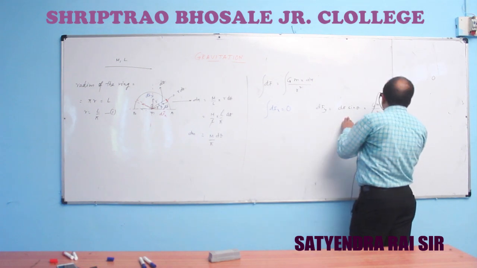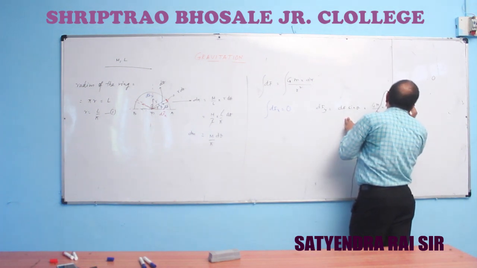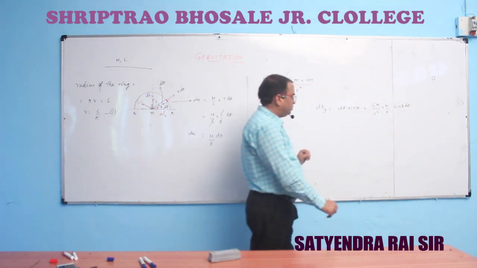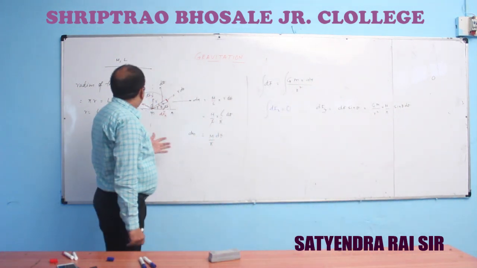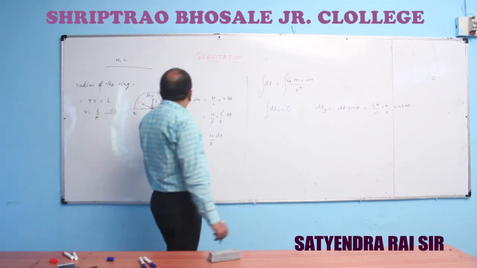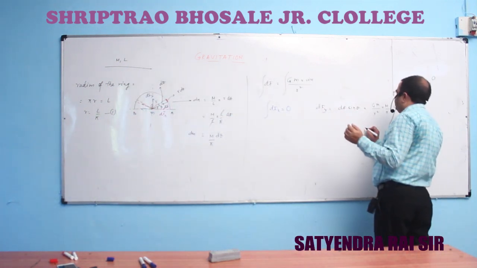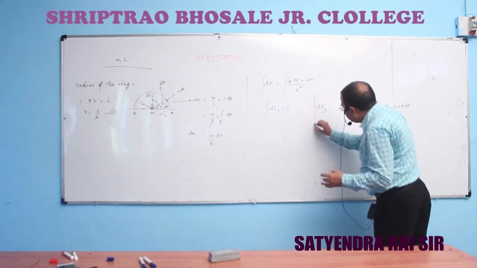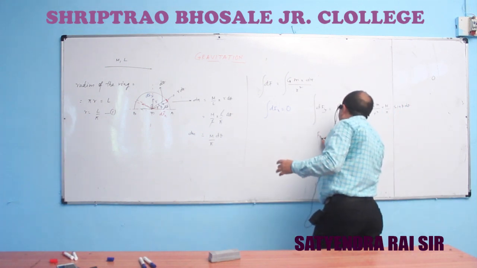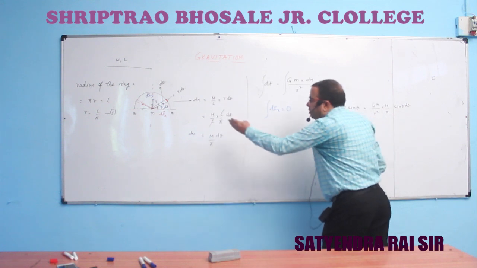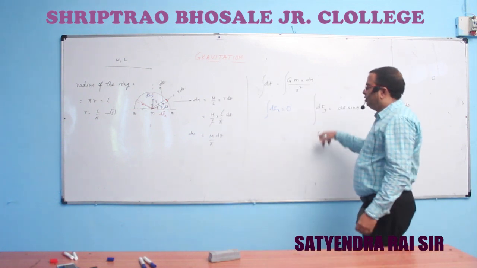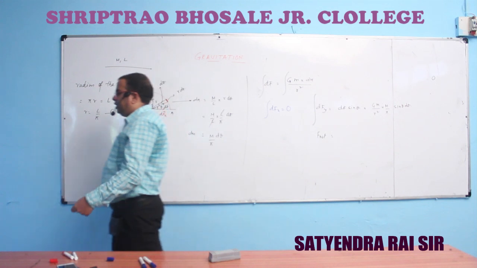So this is sine theta into d theta. Fine. r we can replace later on, as r was not given. So finally, the integration of this will give you F net on this point mass small m. Integrate dfy. Don't integrate dfx.